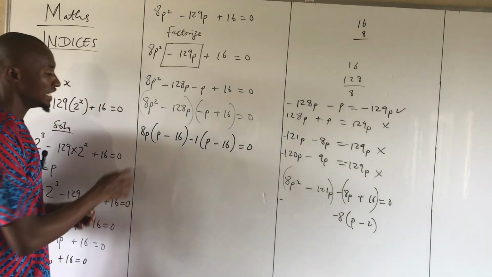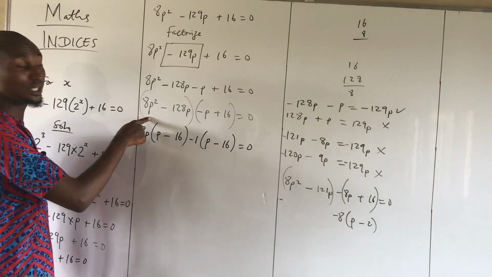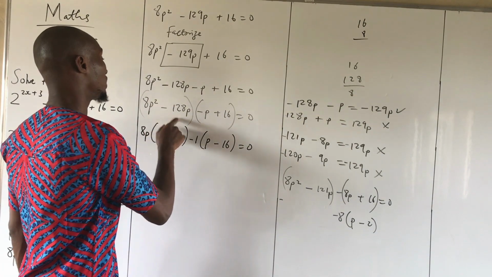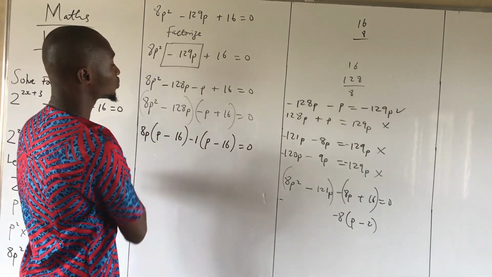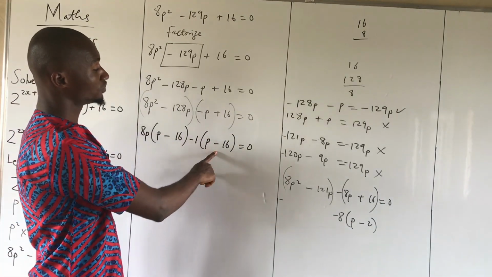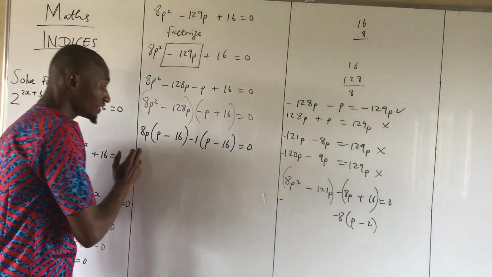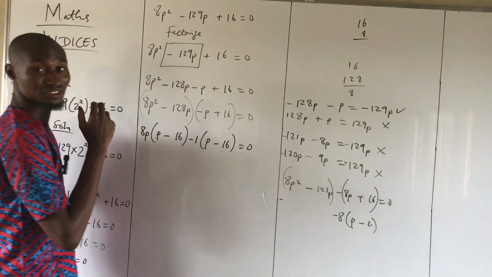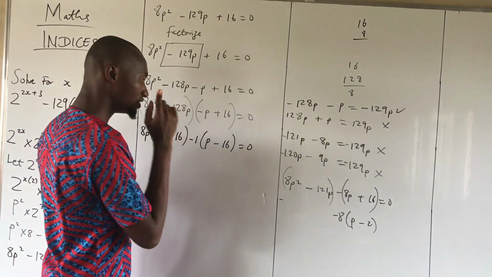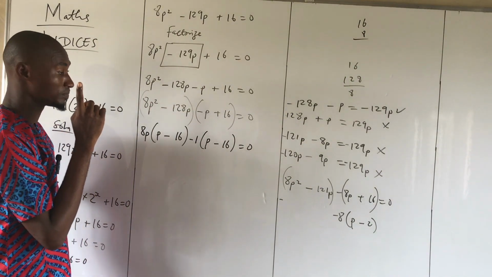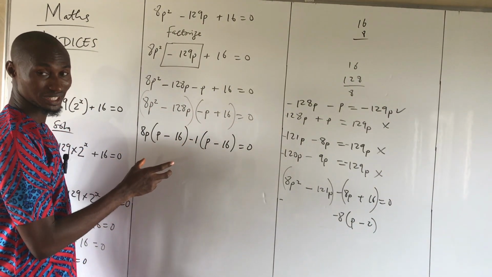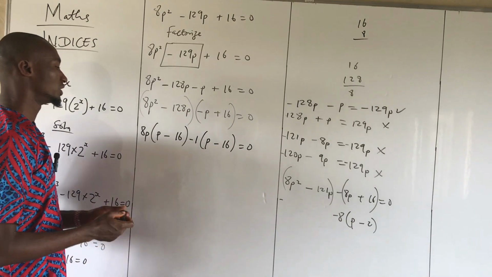Now look up. 8p times p will give us 8p square. 8p times minus 16 will give us minus 128p. Then minus 1 times p will give us minus p. Minus 1 times minus 16 will give us plus 16. If whatever you get here is not a product of what has been here, that means you made a mistake somewhere. This should be a resultant of this. Do you understand now?